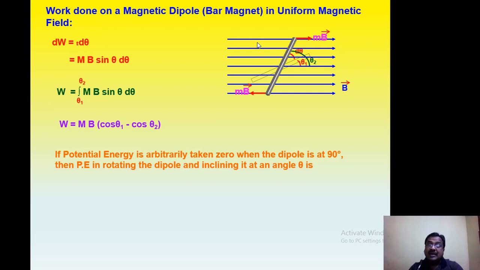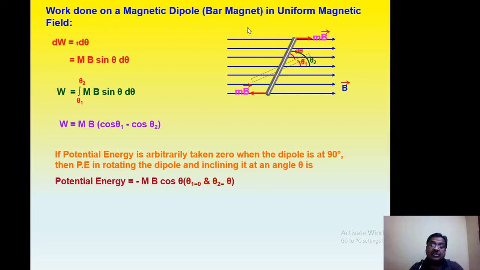Suppose potential energy is arbitrarily taken as 0 when the dipole is perpendicular to the direction of the field. Then the potential energy in rotating the dipole inclined at an angle theta can be calculated by putting theta 1 equal to 0 and theta 2 equal to theta. And theta 1 equal to 0 means cos 0, it is 1. Theta 2 equal to theta means in place of cos theta 2 you have to write cos theta.